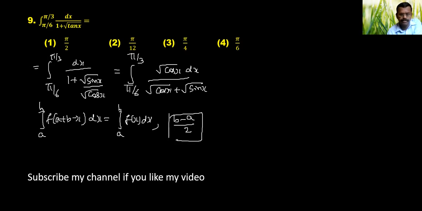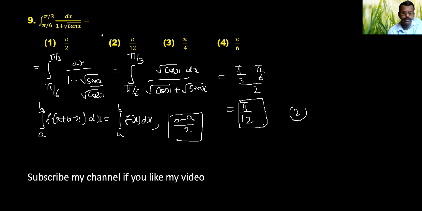If you put 90, what happens? Sin becomes cos, cos becomes sin. So on interchange, the given function acts as f of x. Hence, directly you can apply upper limit minus lower limit, that is pi by 3 minus pi by 6 by 2. So that gives pi by 12. So answer is pi by 12, that is option 2.